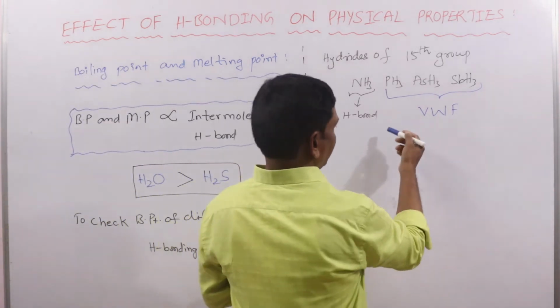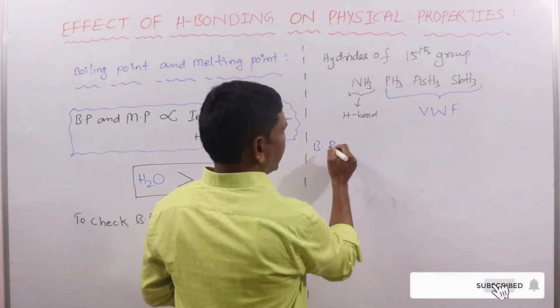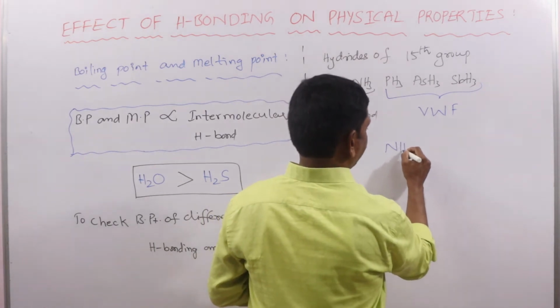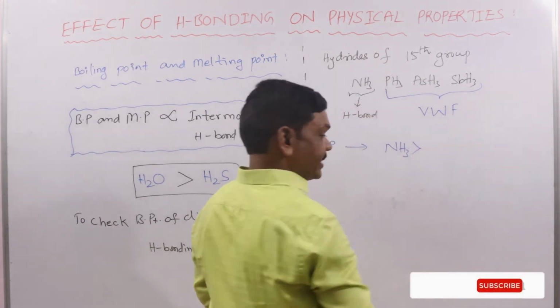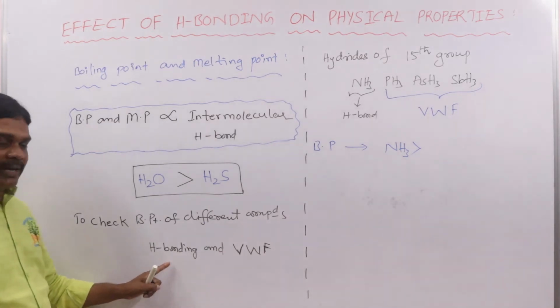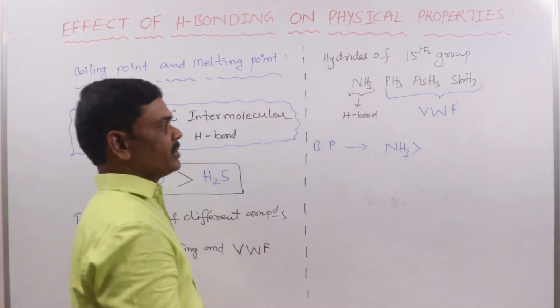So the order of boiling point: first, hydrogen bond, so NH3 is greater than the rest. First we have to check hydrogen bonding, after that we see Van der Waals force of attraction.